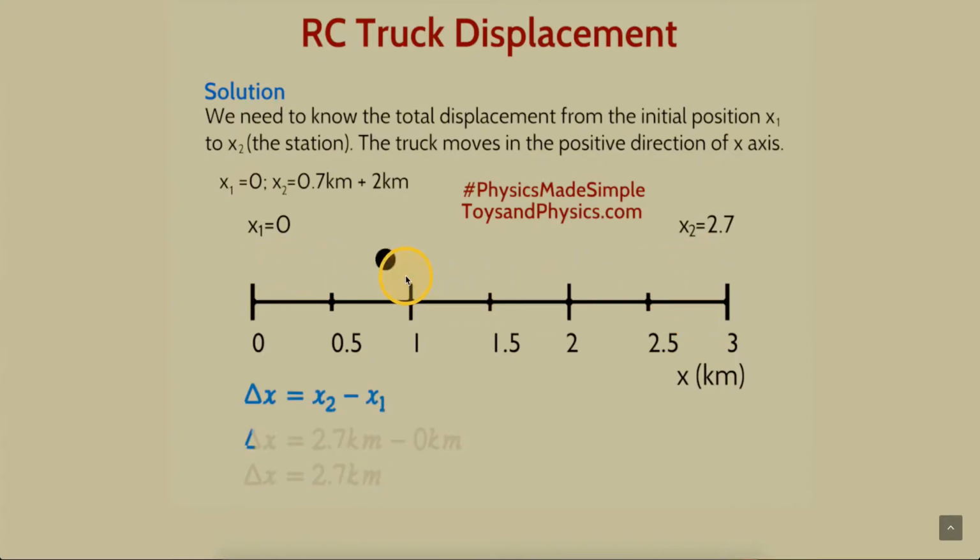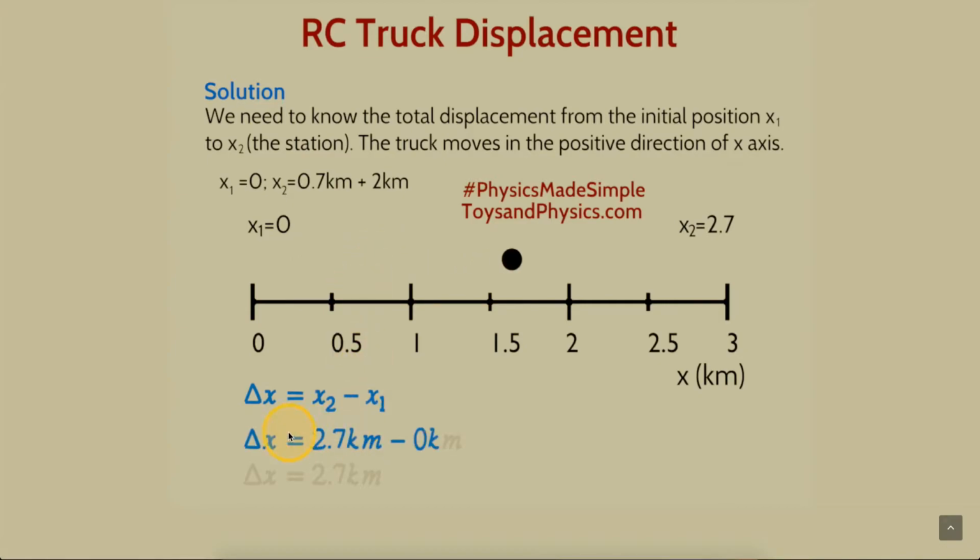It's not representing the speed or the velocity or average velocity, so I don't want you to think this is moving in real time or with the real average velocity. It's just a means to represent the displacement.